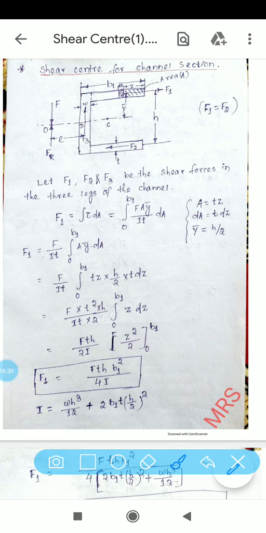So how can you calculate the shear center for the channel section?